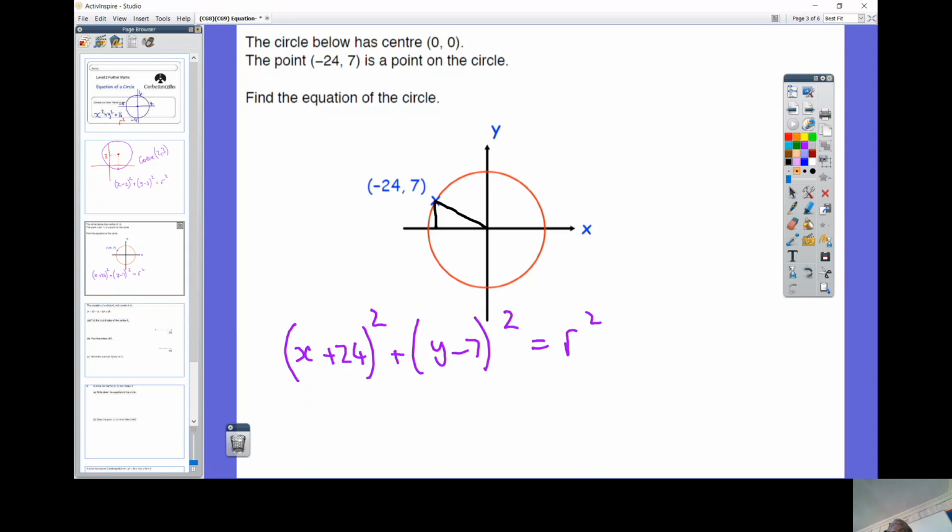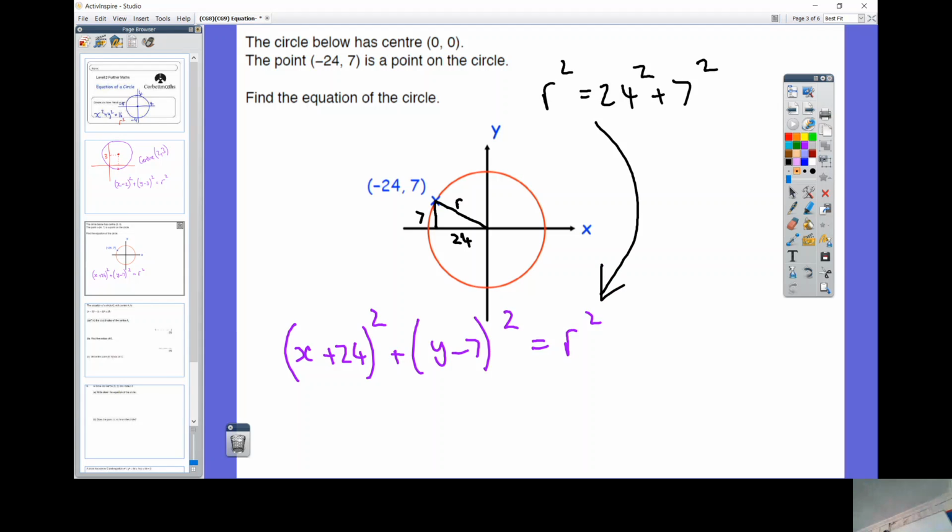The hypotenuse there is the radius. What is the base of my triangle? What's that length? 24. So I've gone 24 to the left. What's the height of that triangle? 7. And that is the radius. So from Pythagoras, r squared equals 24 squared plus 7 squared. That's how I've worked out what my r squared is.